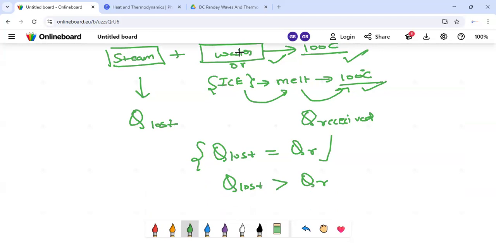So we will calculate the mass of steam available into latent heat of vaporization. If they are exactly equal, we will say that all the water will boil up to 100 degrees and the steam will all condense into water. But if there is more than sufficient steam available, then not all the steam will condense into water. Some will condense and some will still remain steam at 100 degrees Celsius. Is that clear now, Pavneet?